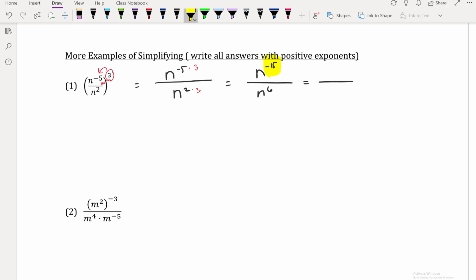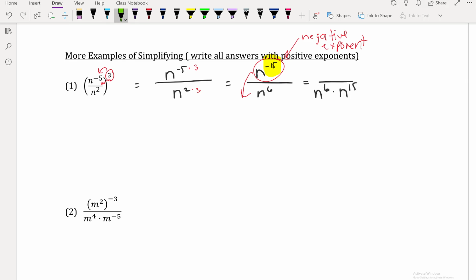Remember, you have to be very, very careful whenever you have a negative exponent. Whenever you have a negative exponent, it means to move it to the opposite direction. So you still have that n to the 6, but now you moved that n to the 15 to the bottom to make it positive.